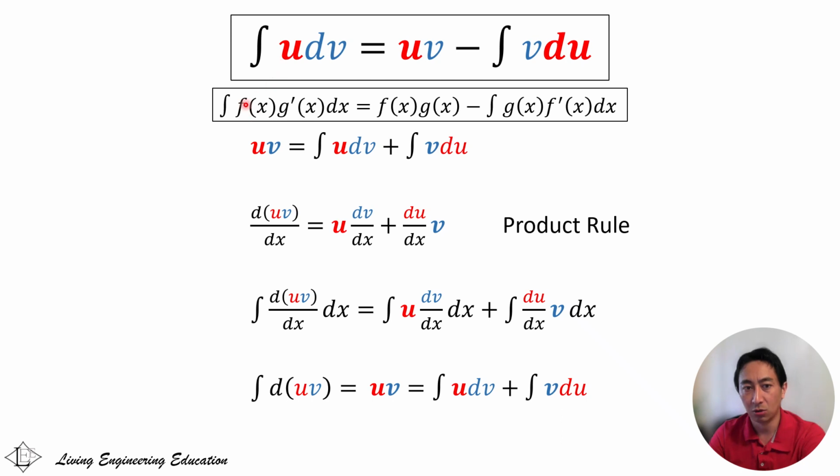This says u, so f of x, dv, this is g prime dx. This is basically saying what this is saying right here, dv/dx dx, right? Because g prime is dg/dx. uv is replaced with fg, v du is replaced with g f prime dx.